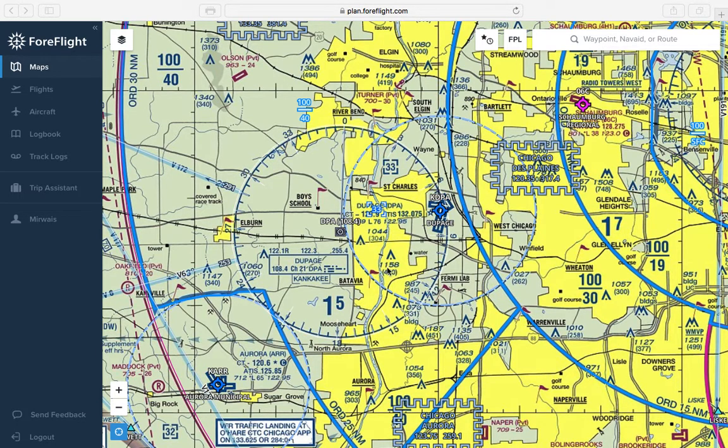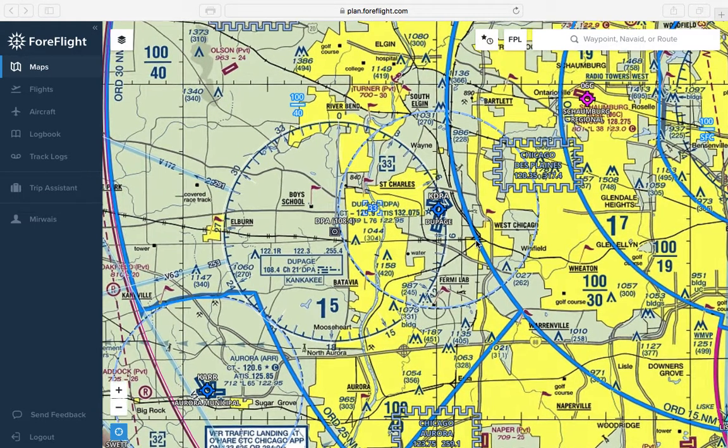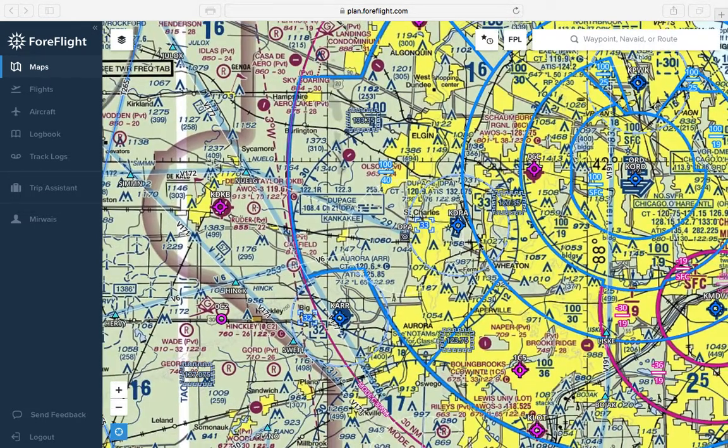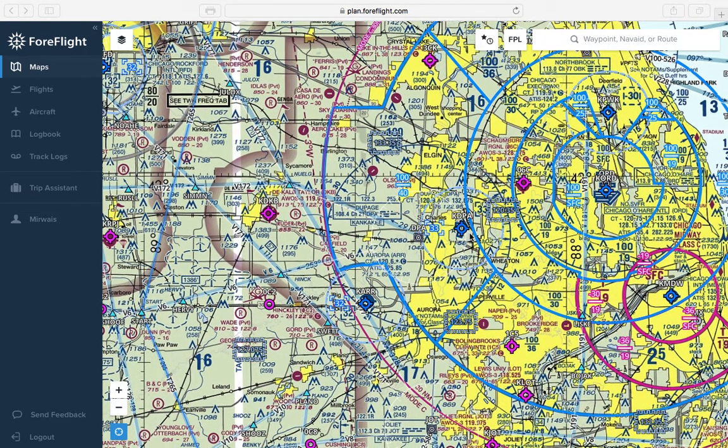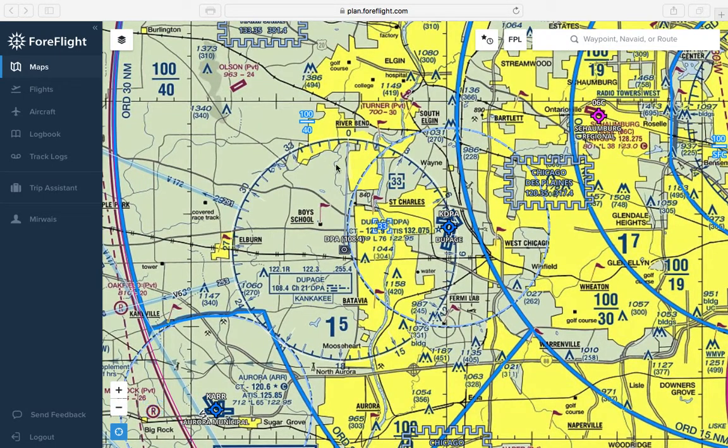To enter Delta, obviously you need two-way comms. You don't need mode C, but since we are under Bravo and under the mode C veil, you have to have your transponder working properly when you are operating under Bravo here in Delta airspace.